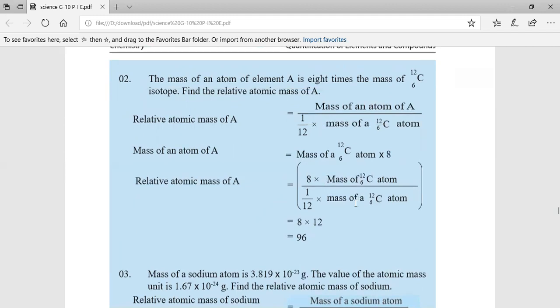We can cancel this, and 12 goes outside, and 8 times 12, the answer is 96.